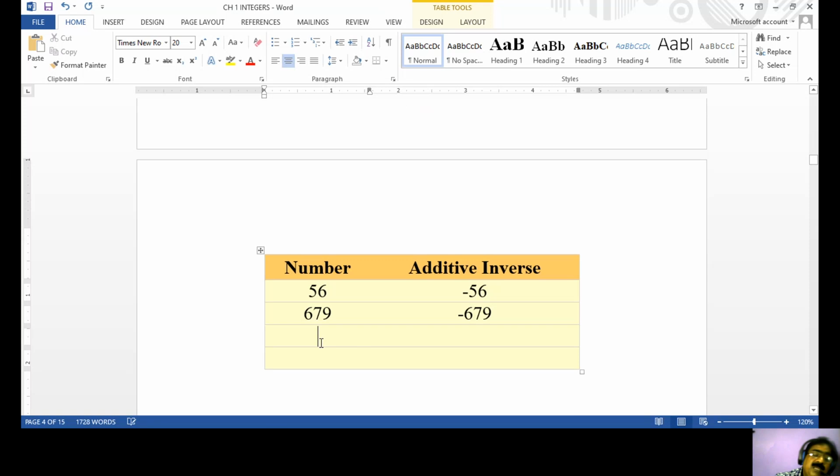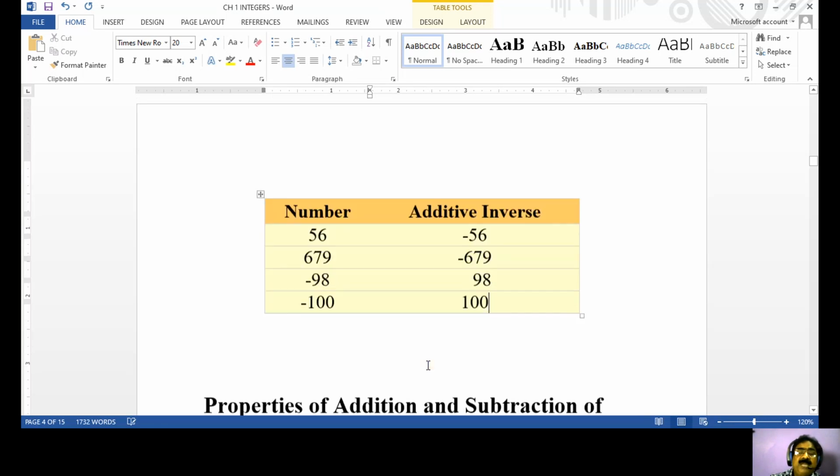Suppose the number is -98, then the additive inverse will be 98. And the number is -100, the additive inverse will be +100. So these are some examples of additive inverse.